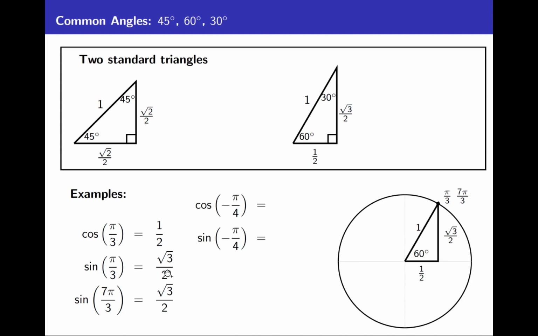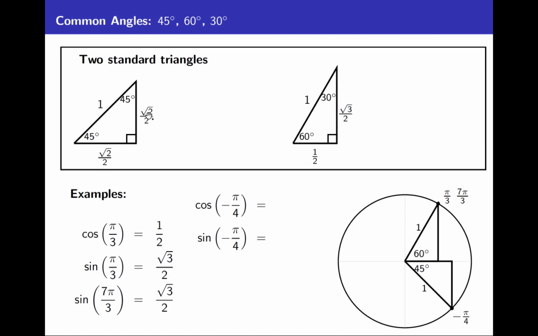Let's try two more. How about cosine and sine of negative pi over 4? To work these out, the first thing you'd want to do is locate pi over 4 on the unit circle. And here it is. We'll locate negative pi over 4 on the unit circle. Here it is down here. It's a negative radian measure, so we're measuring backwards, clockwise. And we get this little 45, 45, 90 triangle.